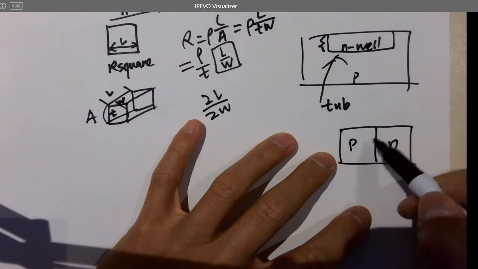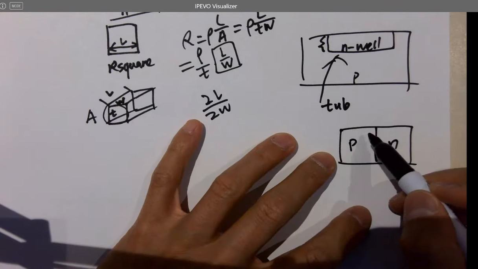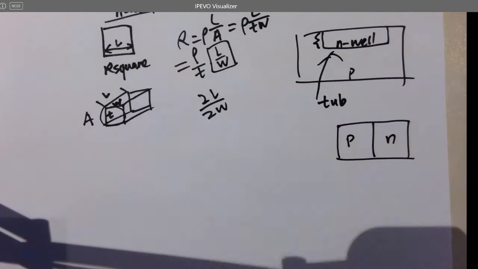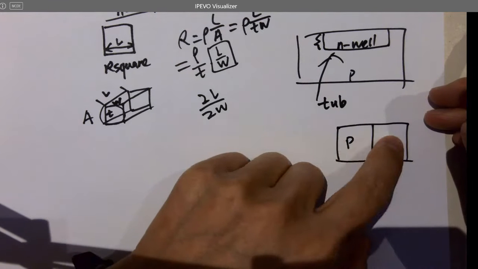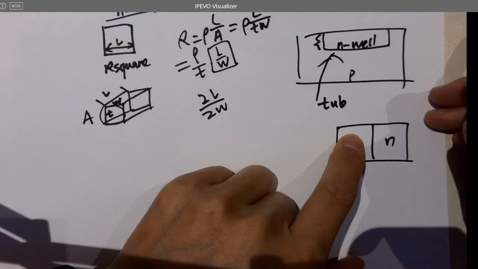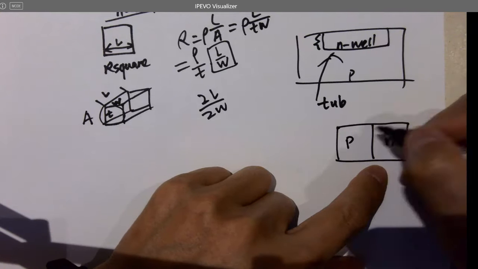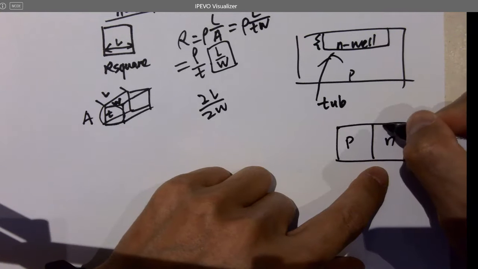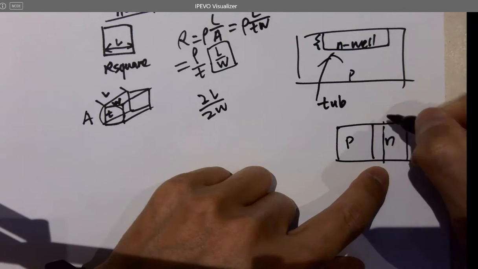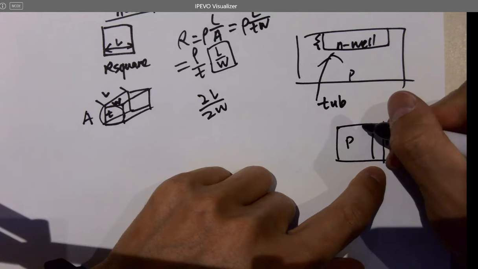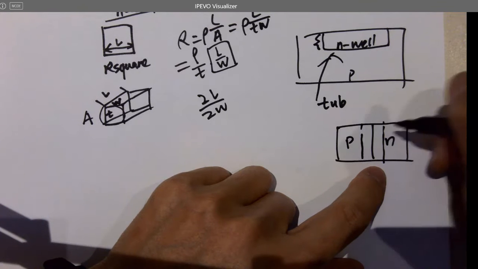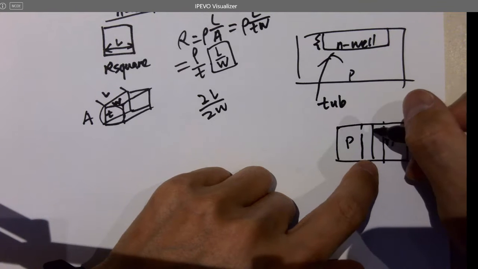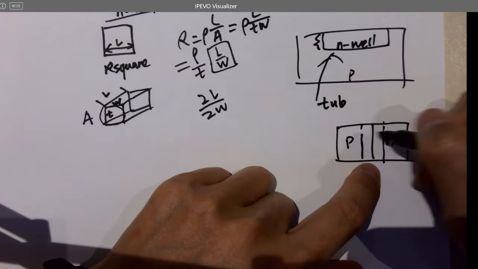So the holes are moving from left to right, diffusion, right? Concentration gradient. So the holes are moving to here and electrons are moving to here. And the consequence is when the holes move to here, it neutralizes the electrons. And when the electrons move to here, it neutralizes the holes or depletes the holes and forms a depletion region.